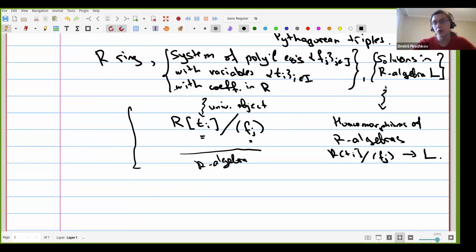So if you want to do this, what you're doing is essentially just studying some kind of algebra and studying sets of homomorphisms from that algebra to a ring.